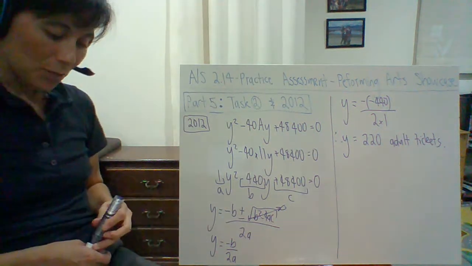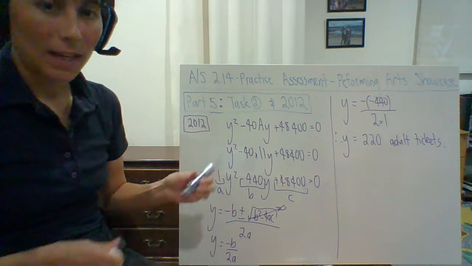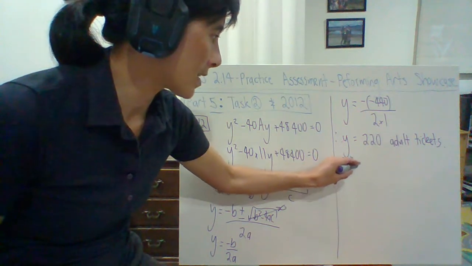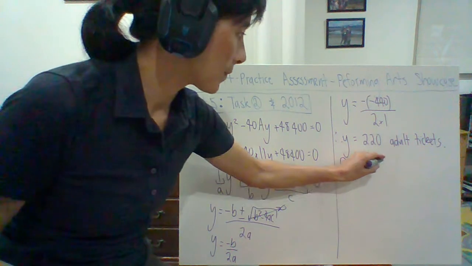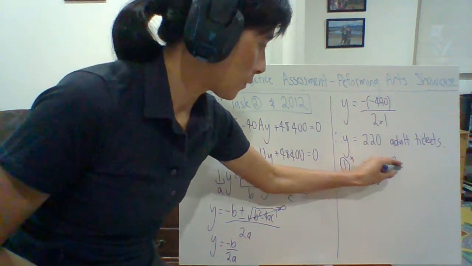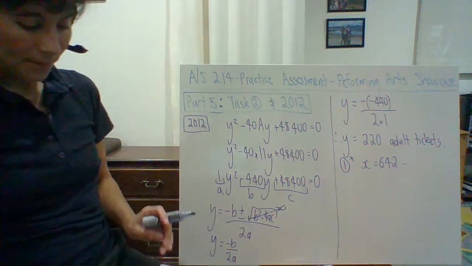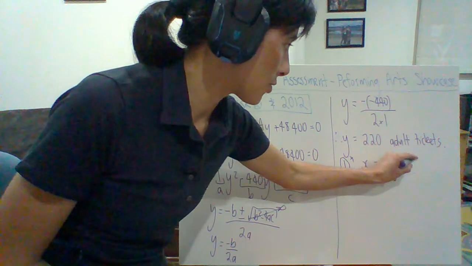So then we can just go on to work out what x is going to be, so the number of child tickets. From that, I'm going to go back and remind us that we had equation 1 star, where x was equal to 642, and it was minus ay over 5, so I'm going to substitute those straight in.